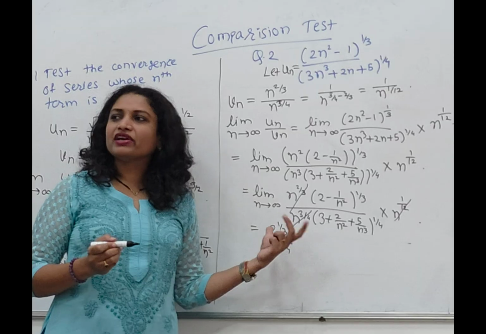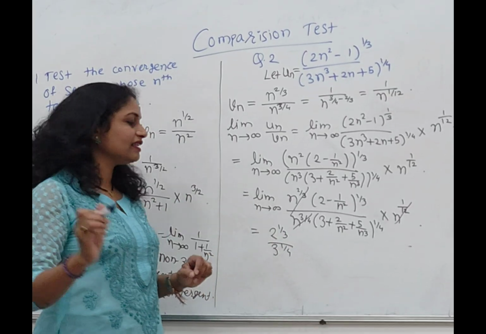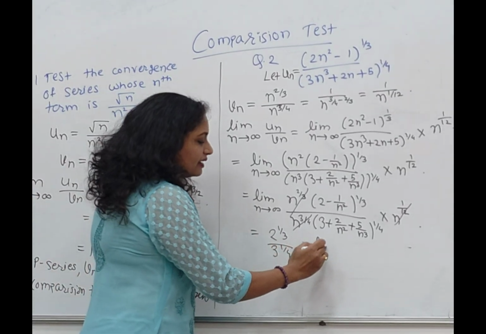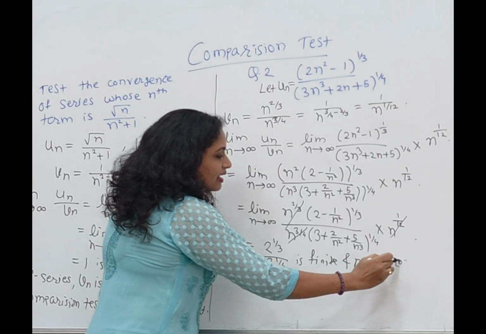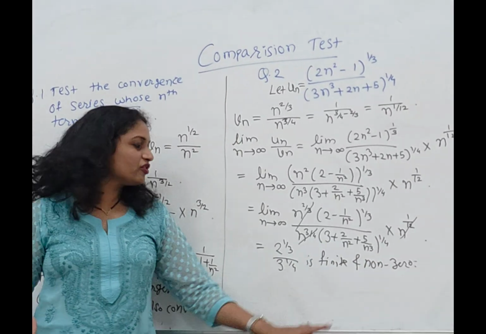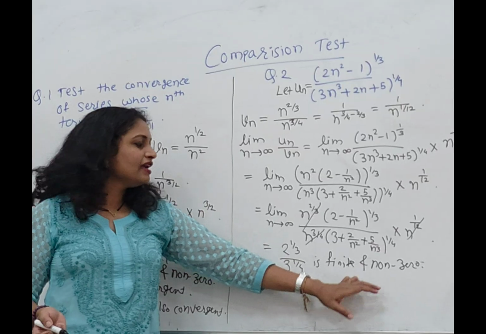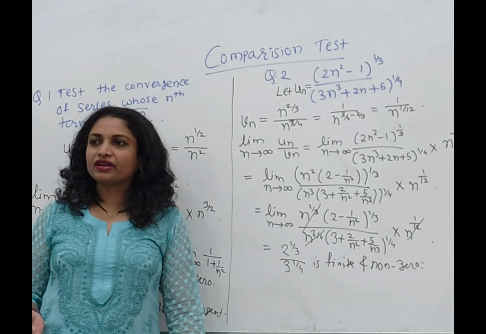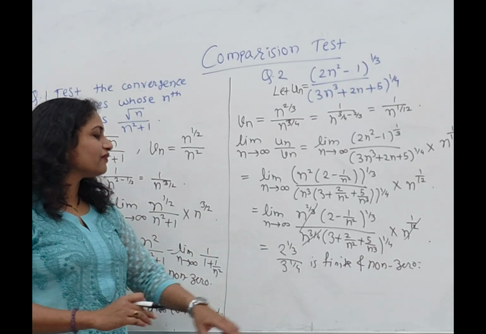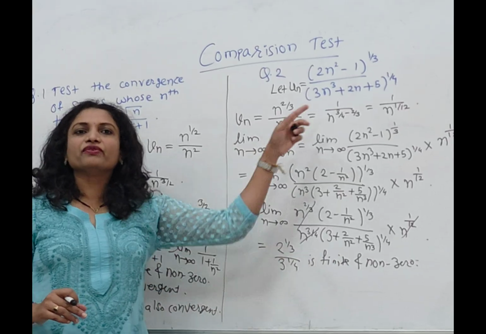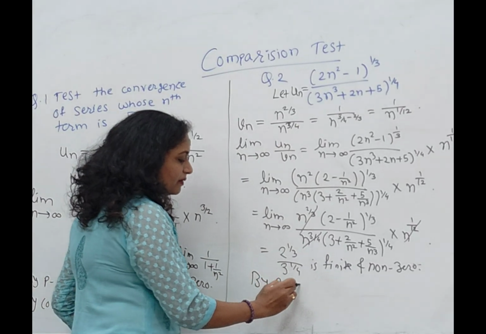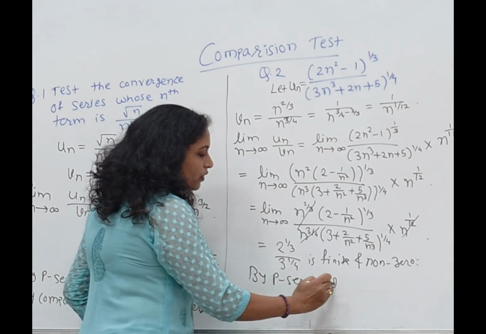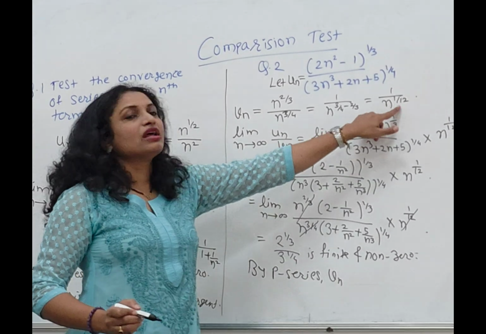So whatever the value it will have, we can say that this is finite and non-zero. That is our aim. Whatever value you are getting should be finite. It should not be infinity and it should not be 0 as well. So once you get this finite and non-zero, check the nature of Bn by P series. What can you say about Bn? 1 by 12 is what?